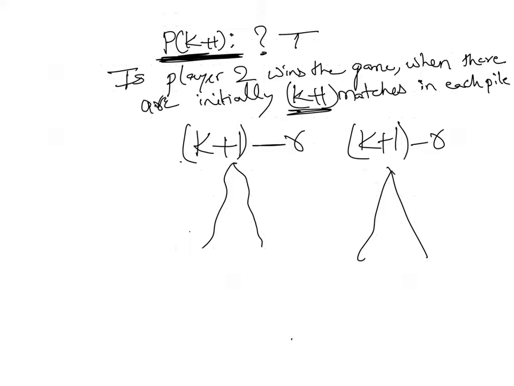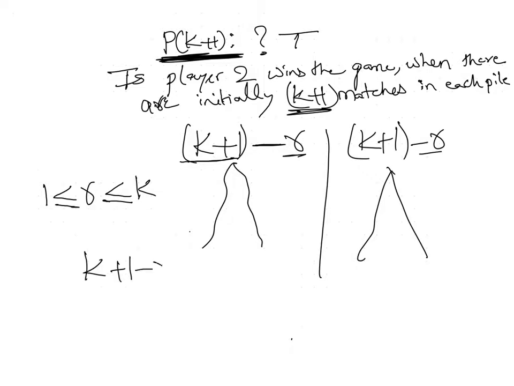Now what is r? R lies between 1 and k. Sometimes r might be 1, sometimes r might be equal to k. So when I remove r matches from k plus 1, what is the value of k plus 1 minus r?